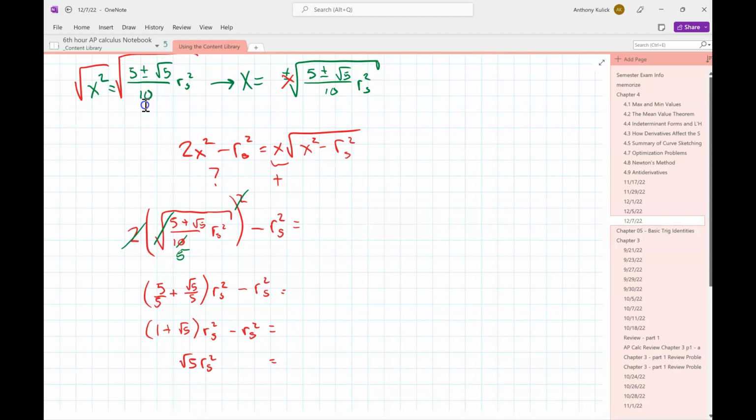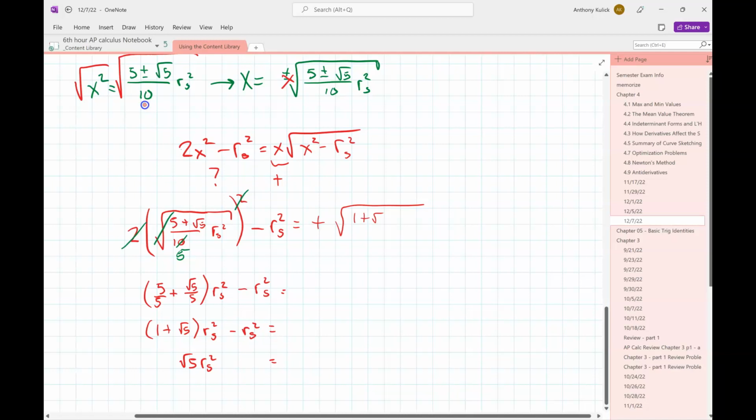Because look at what x squared is. Or this 2 times x squared is this, right? So x squared is going to be something positive. And I have the square root of 1 plus the square root of 5 over 2 r squared s.